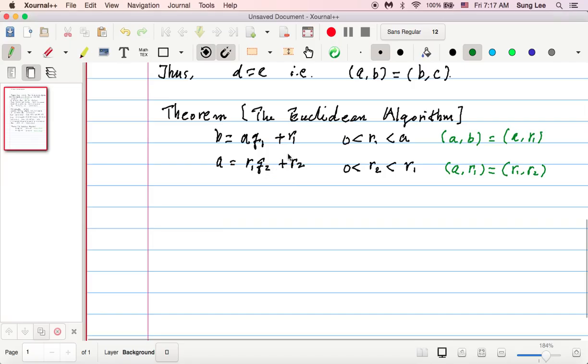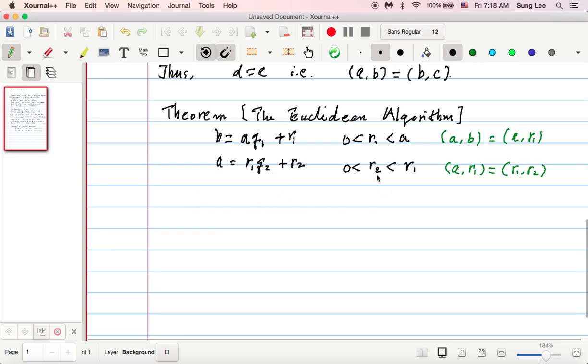That means A is an integer multiple of R1. So in this case, the greatest common divisor of A and R1 is simply R1. This is when the algorithm terminates. That's why I use strictly greater than 0, in case you are wondering.